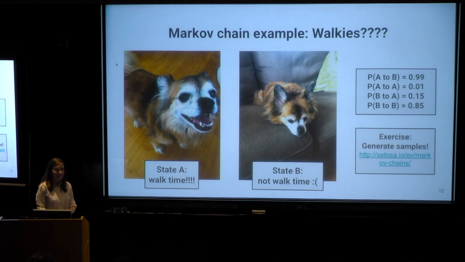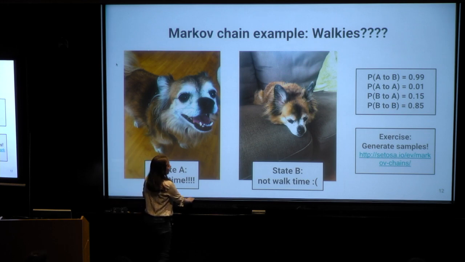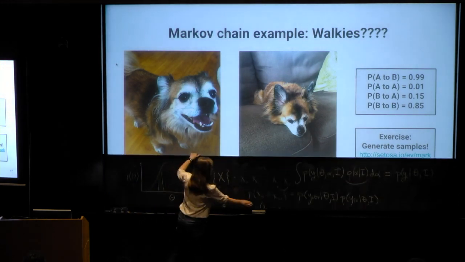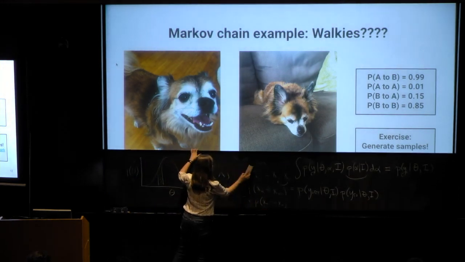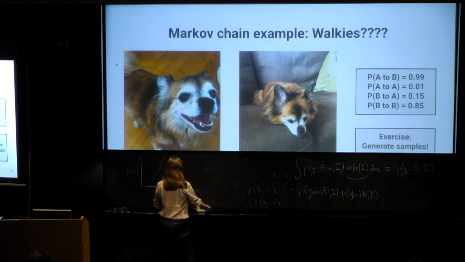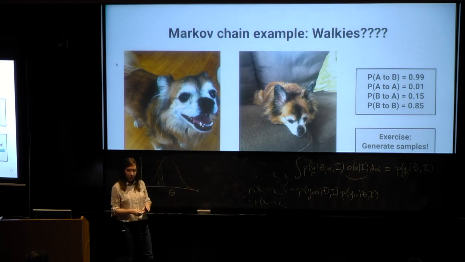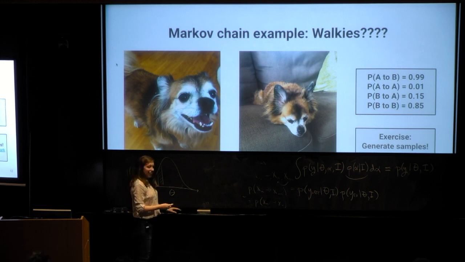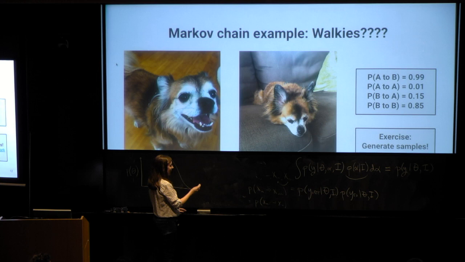Okay, so can someone who has this working read out to me a sequence of what this is doing in time? You mean like A, B? Yeah, exactly. Just as it's doing it. Okay, so. You can slow it down. How fast can you write? Yeah, I will put it on the board.